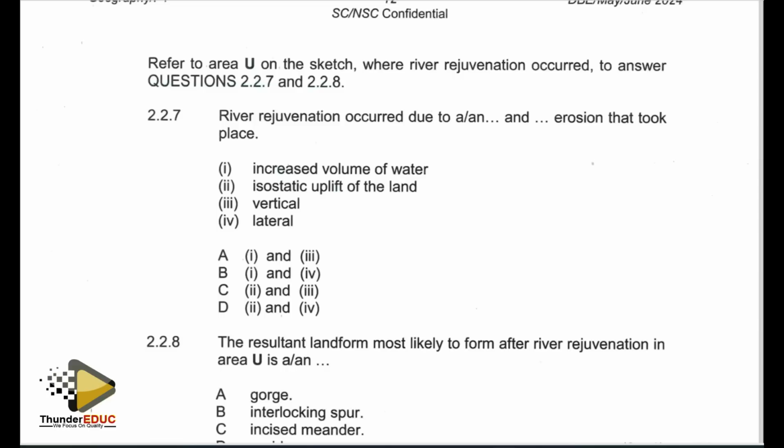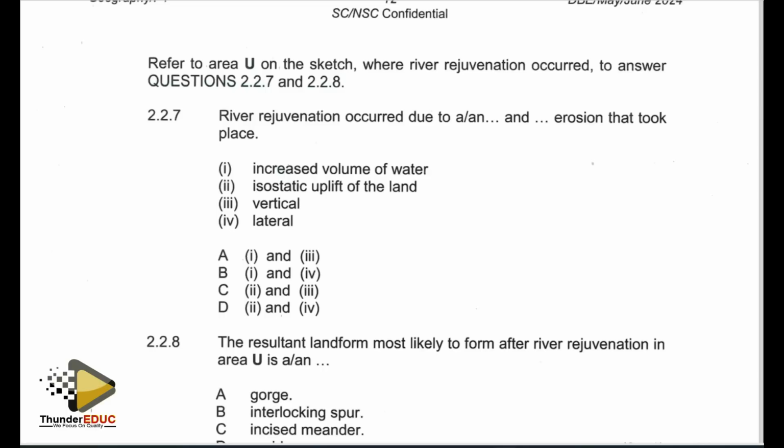Or where we have the paired terraces, those terraces are realized because of the development of a channel in the old channel. So it will mean that the river will be regaining its capacity to cause vertical erosion. So the correct response is item number 1 and item number 4. Those two responses correlate to increased volume of water and vertical erosion.